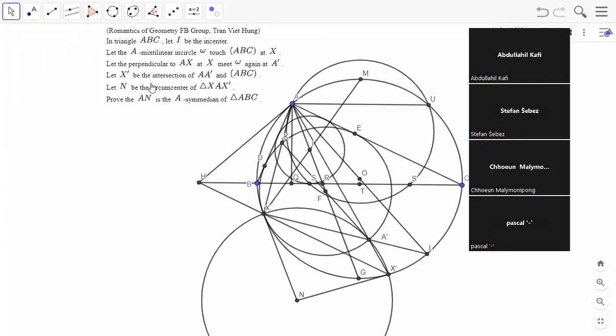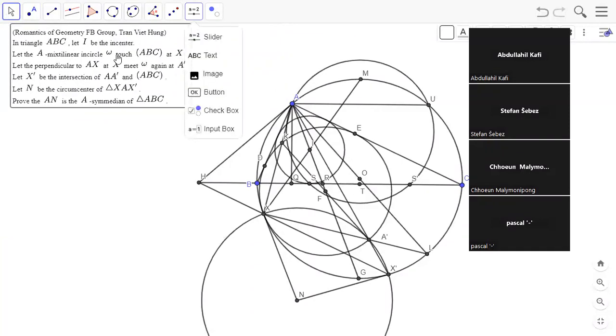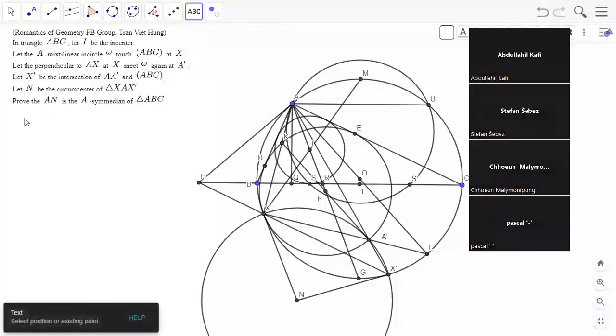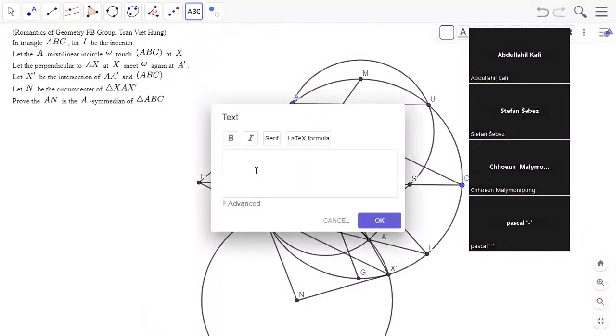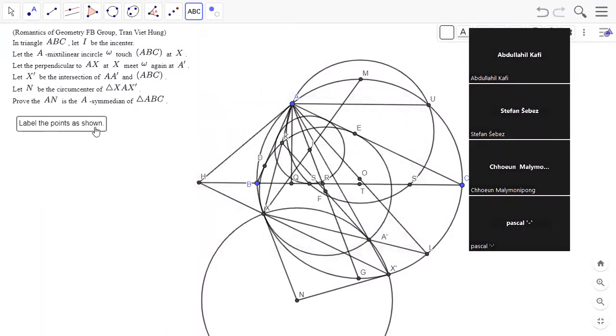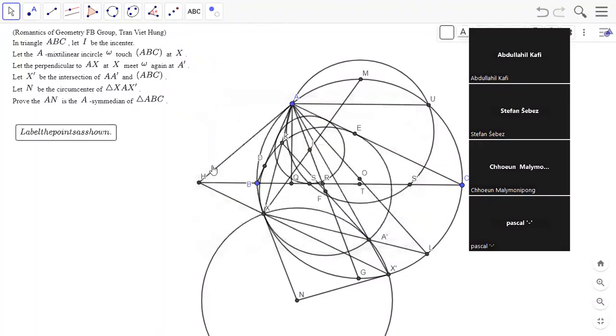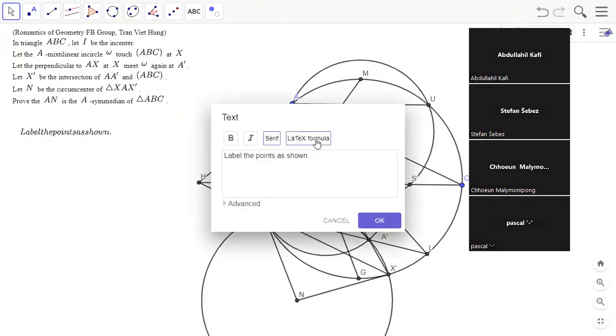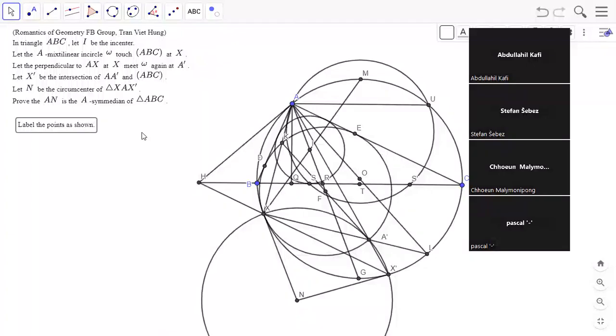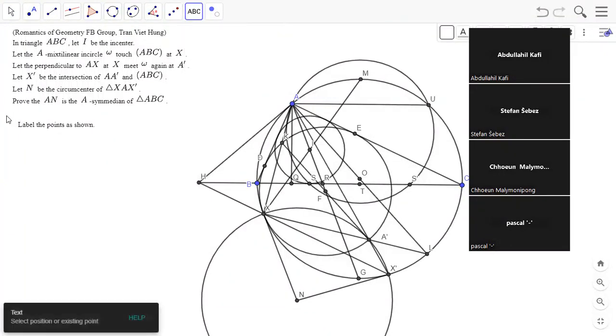So consider a square root of BC inversion followed by reflection over AI. I'll just say label the points as shown. Now, label the points as shown isn't that obvious, because some of them, it's not clear which way they're defined, but I'll just say that for now.